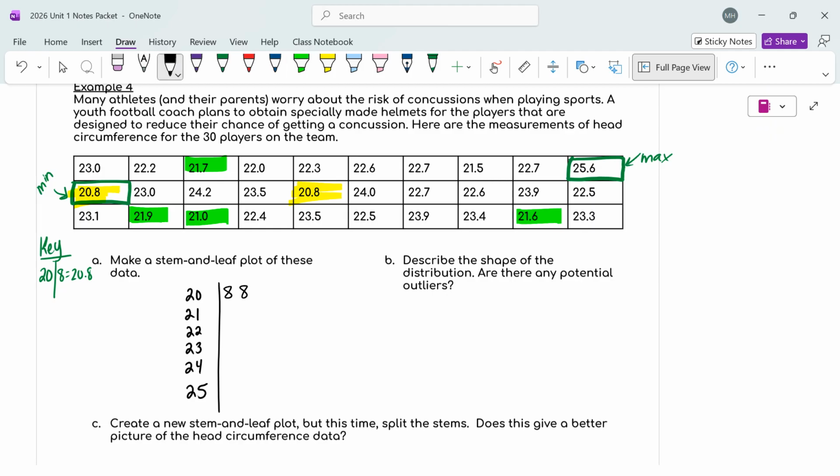So I want to put those in order from the smallest to the largest. So 21.0 is the smallest, so I'll put a 0 here, and then 21.6, 21.7, 21.9.